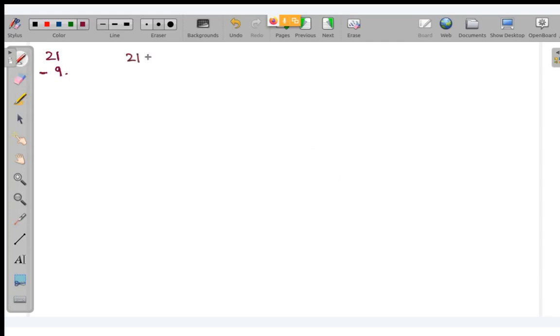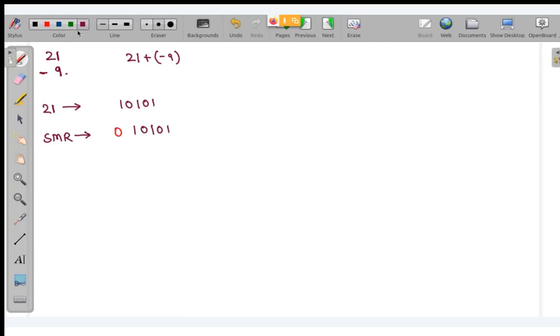So basically this is 21 plus minus 9. 21 will be represented as 1, 0, 1, 0, 1. In sign magnitude representation, this will be 0, 1, 0, 1, 0, 1.